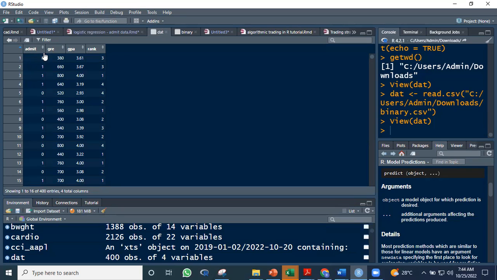Our response variable here, our dependent variable, is admit. So if you notice, the admit variable is not continuous. It's not even an integer, no? 0 or 1, this is used as a classifier. 0 meaning hindi natanggap, 1 natanggap.